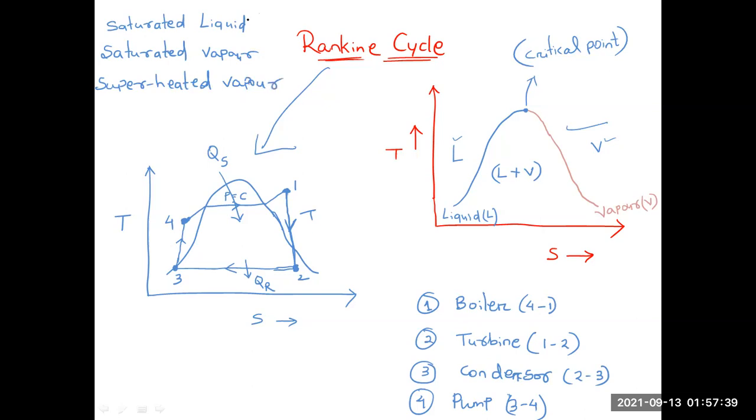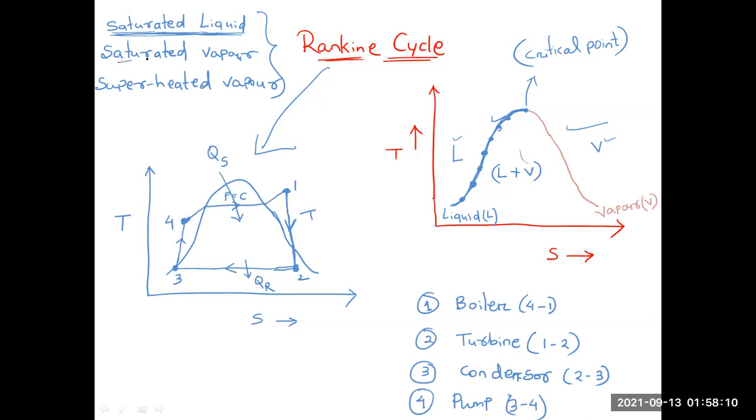So like this, some terms you will encounter while solving the problems. One by one I am telling you how to identify which point will be saturated liquid. Saturated liquid means I have told you this line indicates the liquid line. All the points that are present over this line indicate saturated liquid.